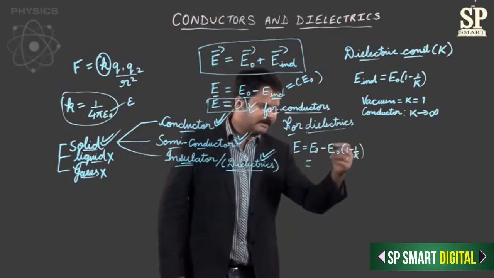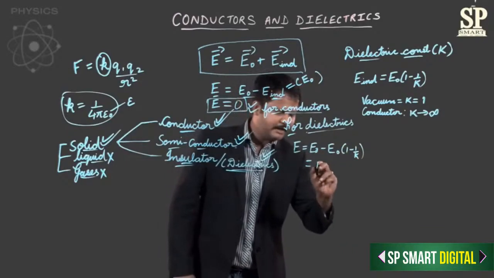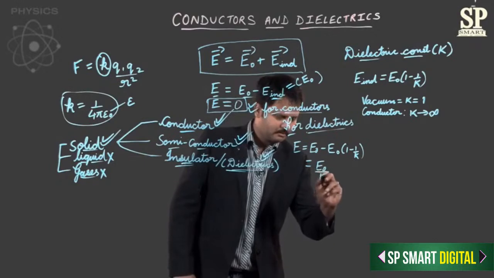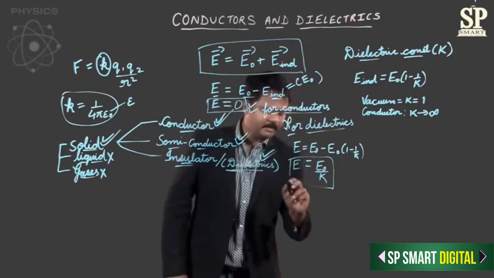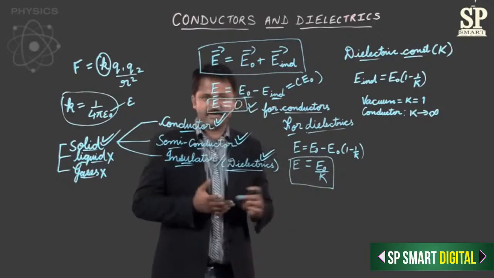If I take this bracket inside, I'll get E naught upon K as the net electric field inside any dielectric medium.